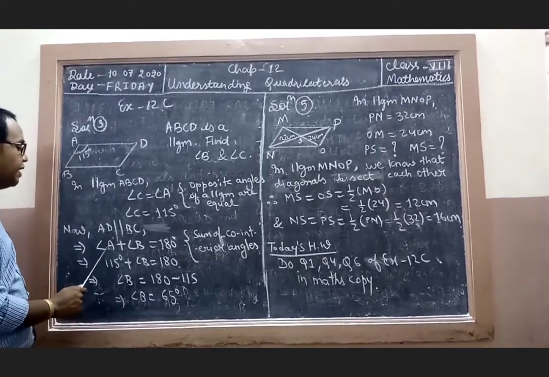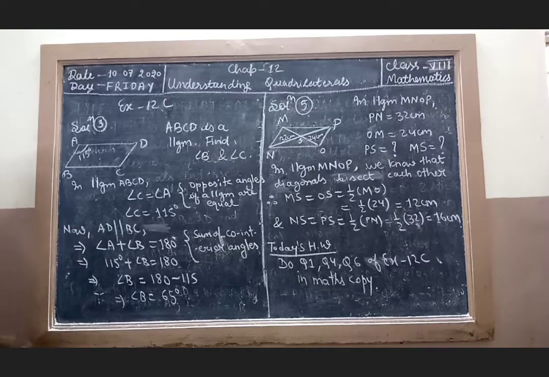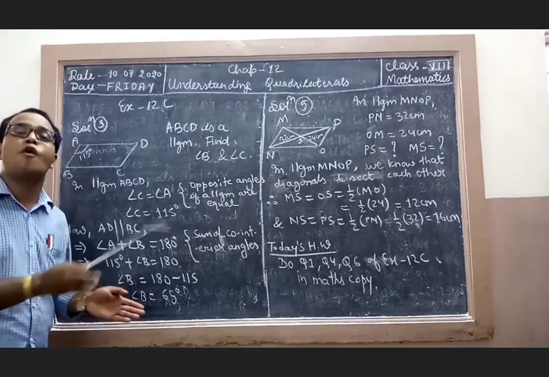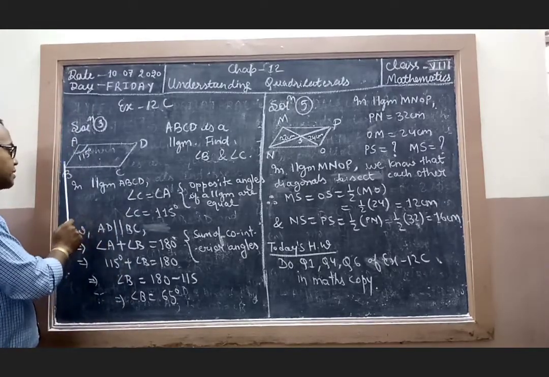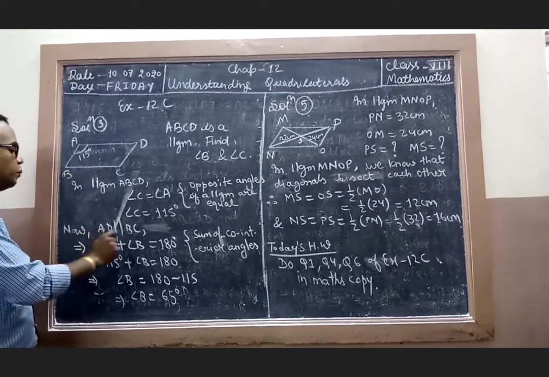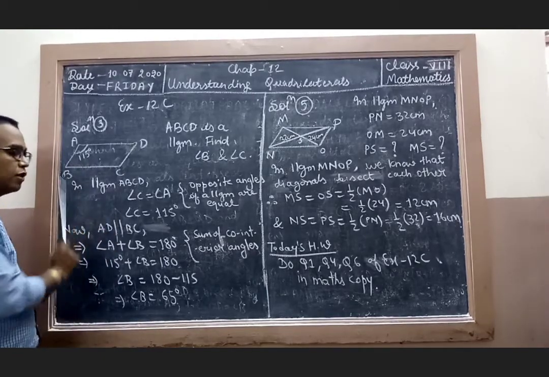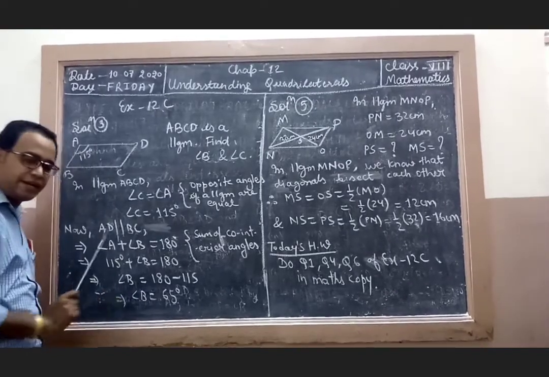Now AD is parallel to BC. So by the sum of co-interior angles, angle A plus angle B equals 180 degrees. So 115 plus angle B equals 180 degrees.